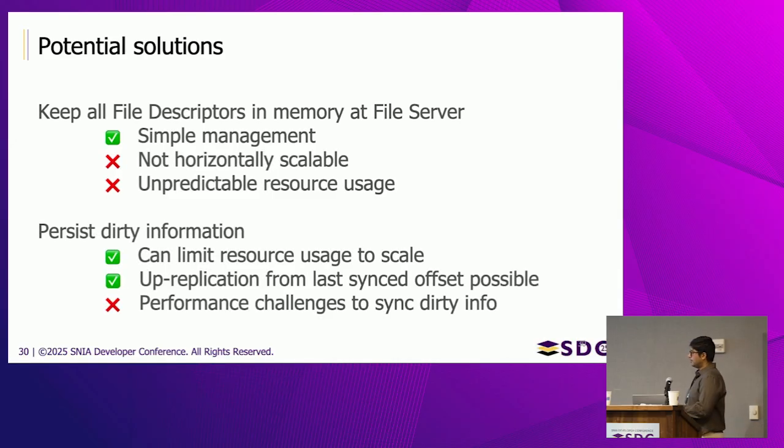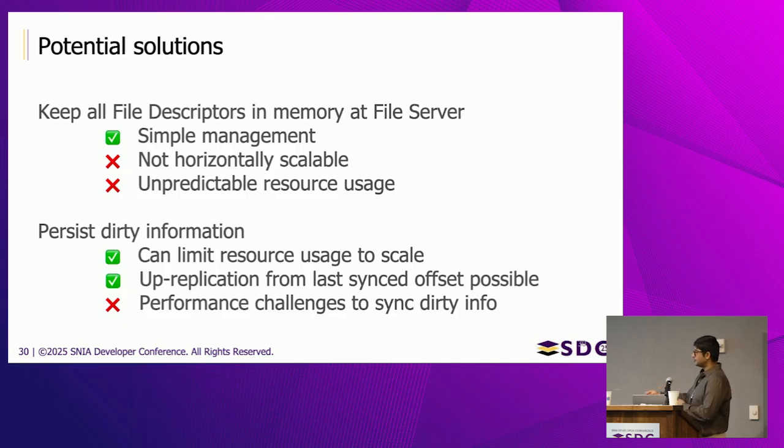And so what we came up with was some way of persisting this dirty information so that we can limit the resource usage by not needing to keep everything in memory at any given point of time, and allowing us to come back up after the crash and detect what was actually dirty, what offset was last synced.